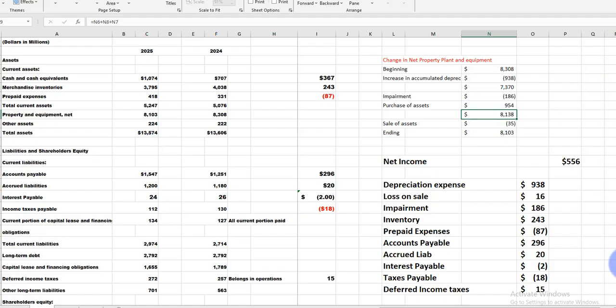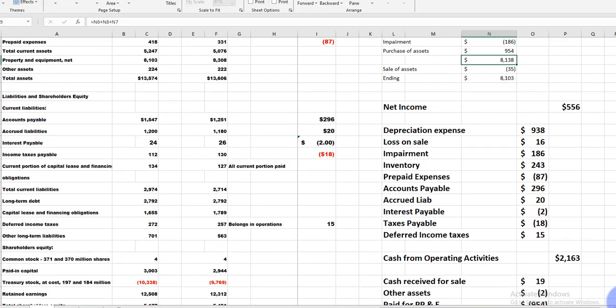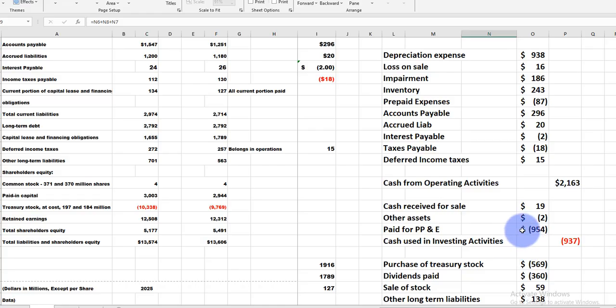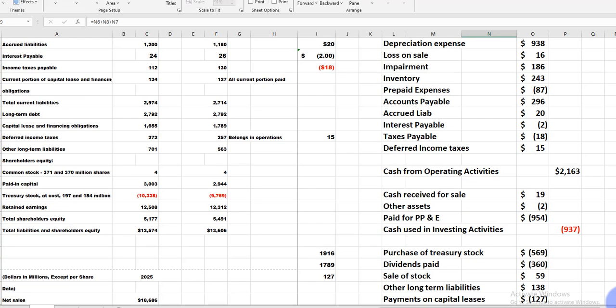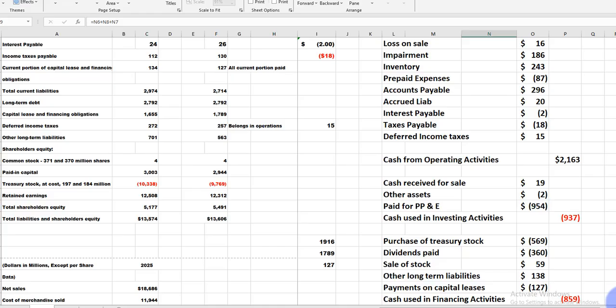So that 954 then becomes our all-important number paid for property, plant, and equipment under investing. So total investing is 937. Subtotal negative. That's kind of cash outflow. That's what we expect, and we don't consider that a tremendous problem. It's probably a good sign.